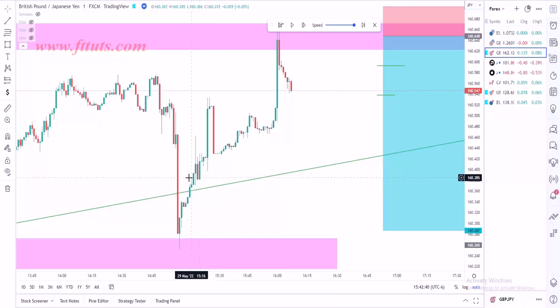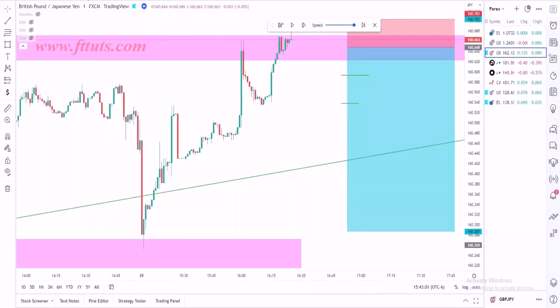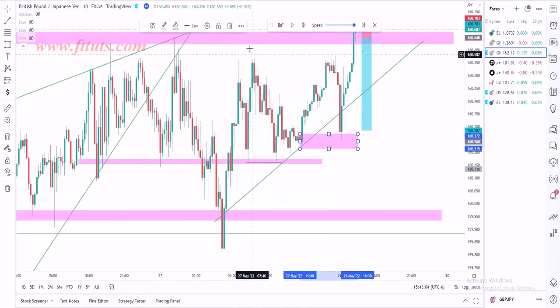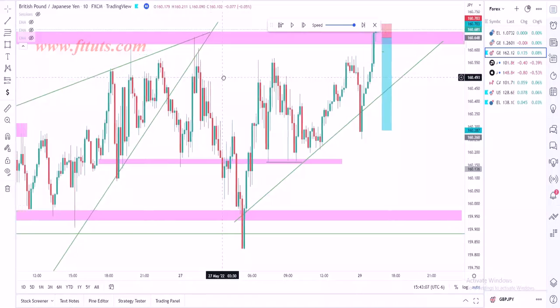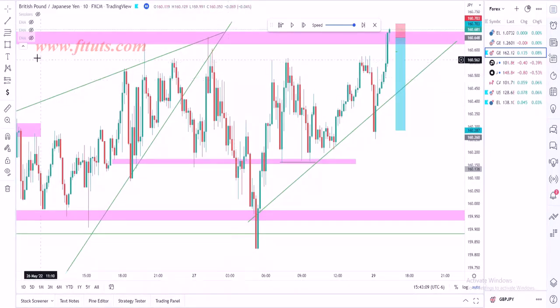So before the structure, let's see, our structure was right here. Yeah, so it did break some structure. And then our order block would have been right here because this is the sell before the buy that has not been mitigated, or price hasn't come up and then come back down and tapped it. And it has not come back. Okay. Actually, that one came back right there and tapped it.